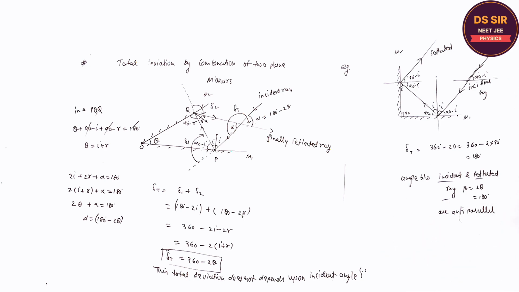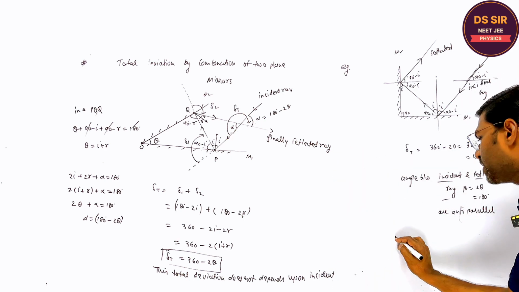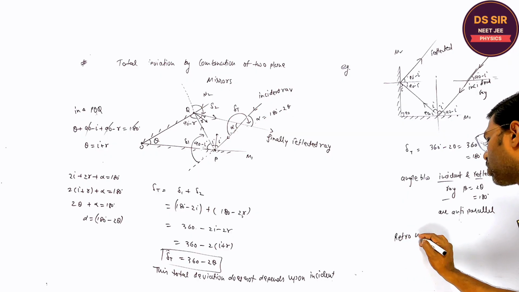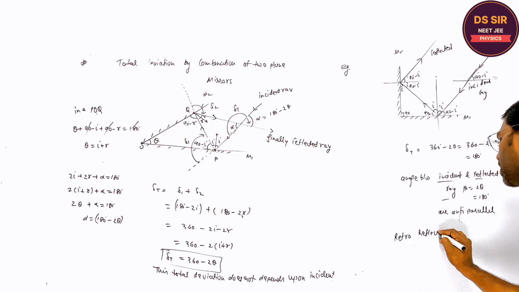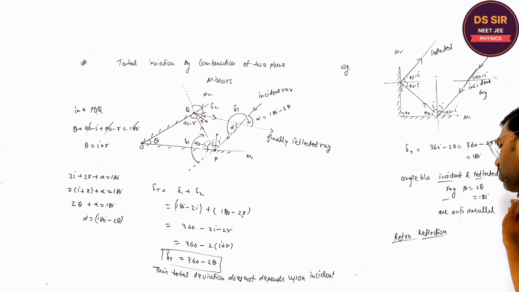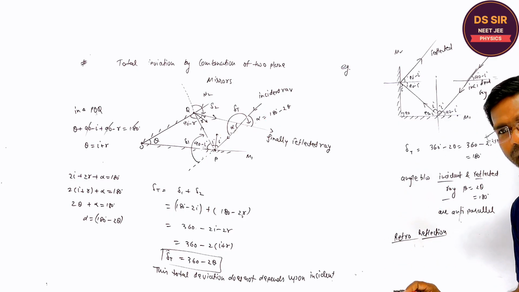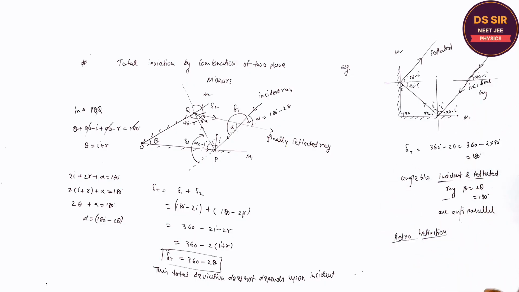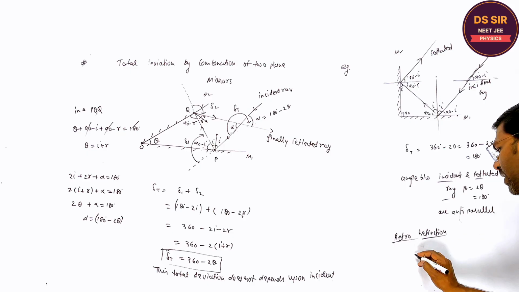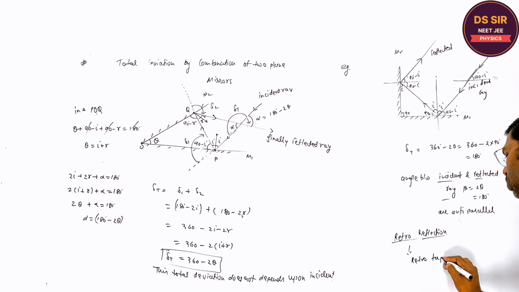This is a very important application of reflection from mirrors, and this type of mirror is called a retro mirror. Retro reflection. From where the light comes, the light is reflected back to the same direction. Is it clear or not? Sometimes this is a very important reflection. And the retro tape, what is the retro tape?